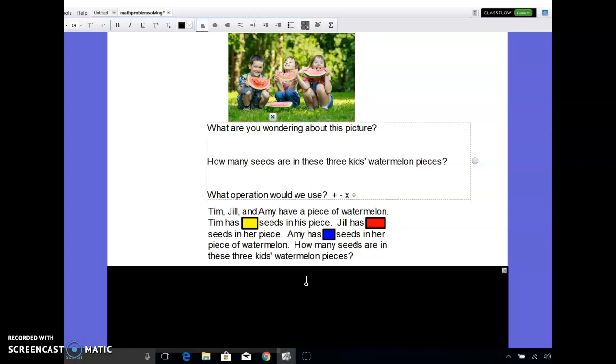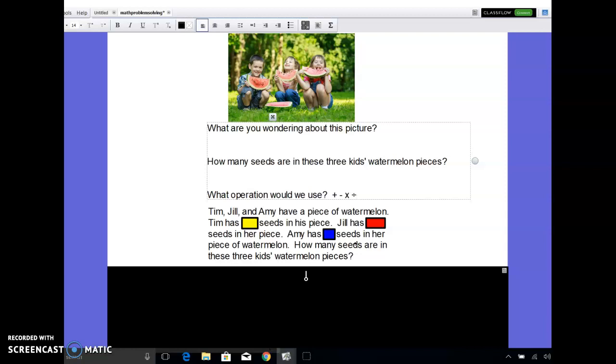Okay, so now we've got more of the story. I didn't give you the numbers for a reason, so I just want you thinking about the operation. I'm hoping you're thinking that our answer is going to be getting bigger from our numbers. So if we're getting bigger, we would be either adding or multiplying, right?